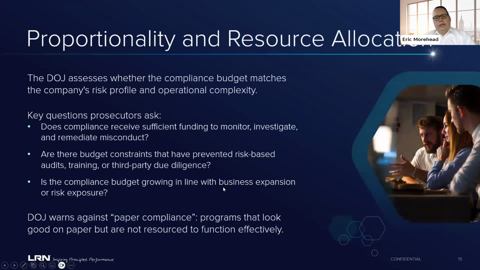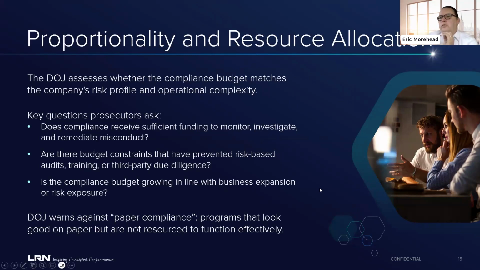So proportionality. I don't want to spend too much time on this, but again, as I mentioned at the top, I think it's important, not only because it dovetails with gathering data, but also because you're not going to be able to gather and analyze data unless you have the resources to do so. It's going to help you make the case that you need those resources.